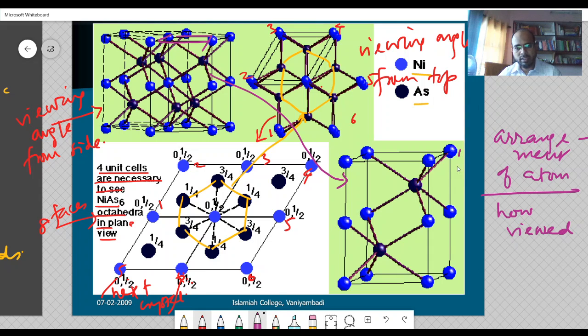Why? This is 1. This is quite opposite, 2. And this is 3, this is 4, this is 5, and this is 6. So if you draw something like this, it will go like this, and this will be connected like this.